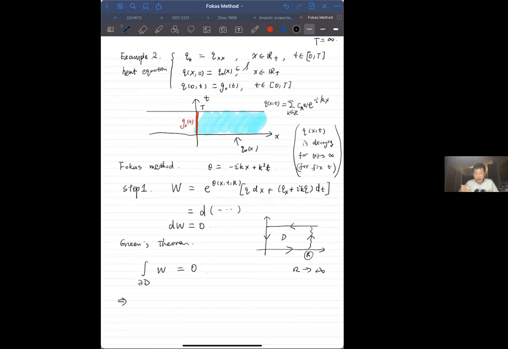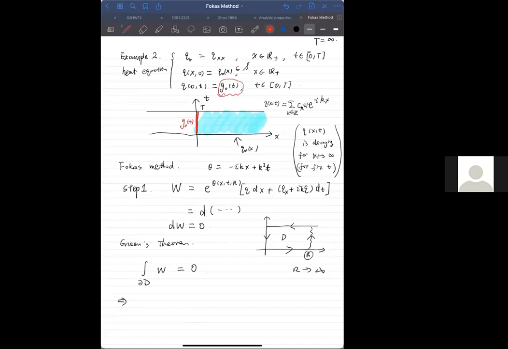When you get a solution, you can actually let capital T go to infinity. If you do integration from 0 to capital T, then you have a problem. With integration from 0 plus, then T going to infinity, you have the whole half line for t, and the decay is guaranteed.